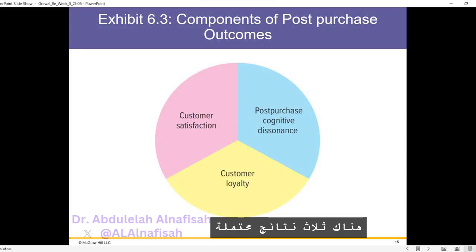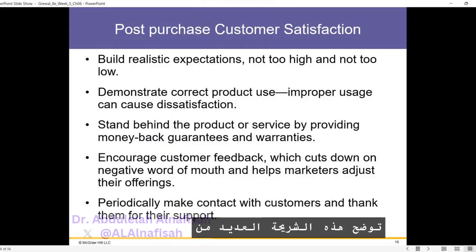There are 3 possible post-purchase outcomes, as illustrated in this figure: customer satisfaction, post-purchase cognitive dissonance, and customer loyalty. This slide outlines several steps that marketers can take to ensure post-purchase satisfaction.